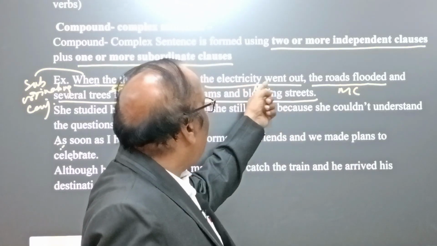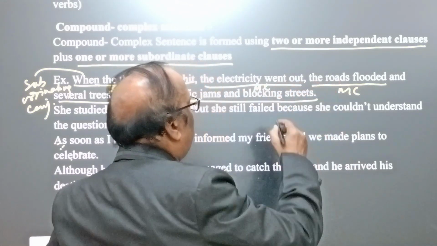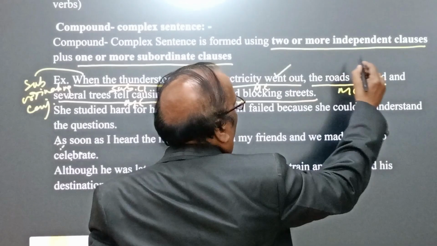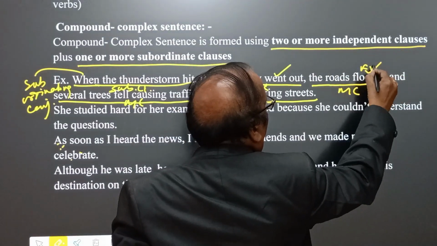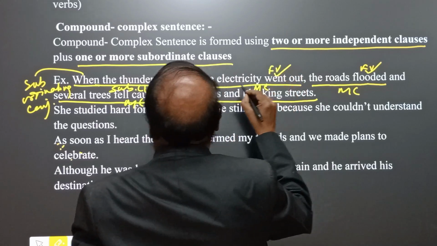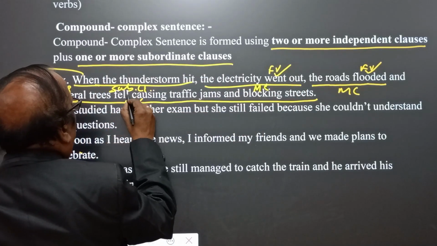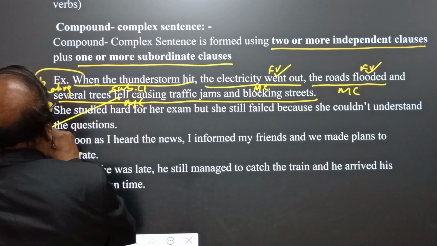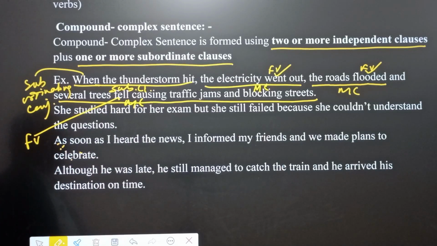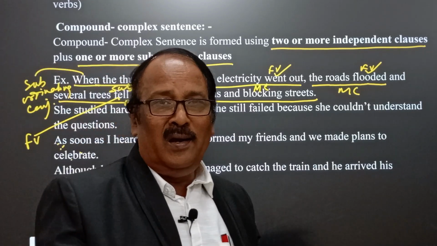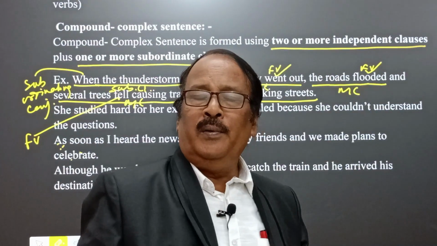The electricity went out, and here roads flooded, finite verb, and fell also finite verb. Here we find finite verbs. This fell causing traffic jams and blocking streets.